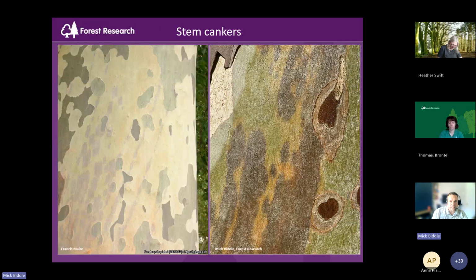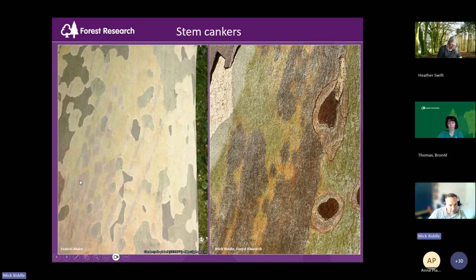In association with the dieback, you get these subcortical cankers that can look like streaks or leopard spots. You've got on the left here, I don't know if you can see my cursor, but you've got the natural bark plates here, which are these darker areas.